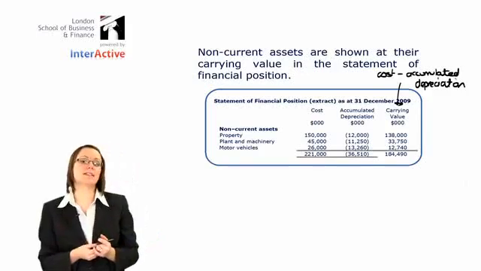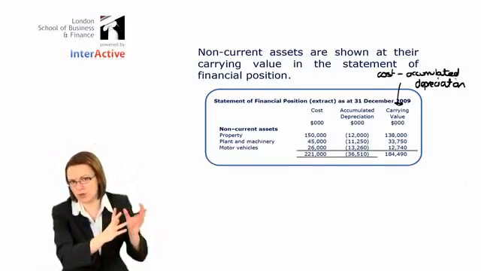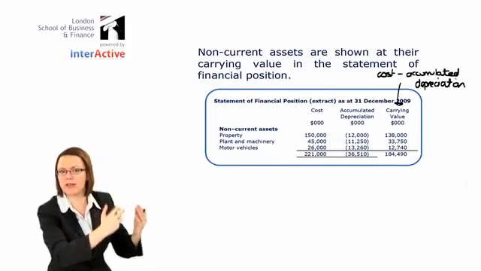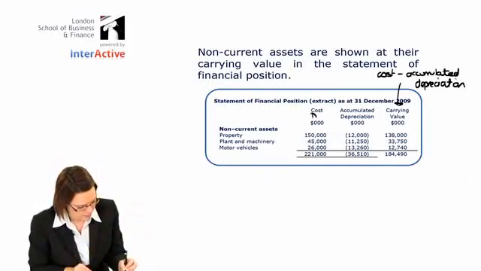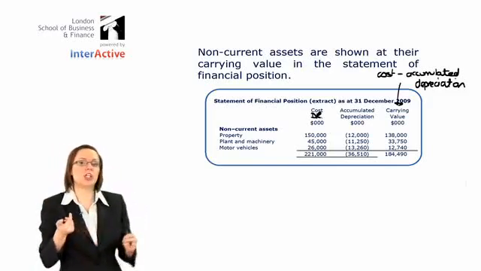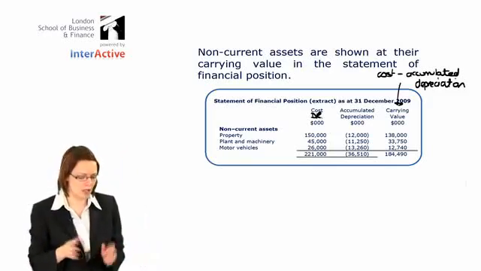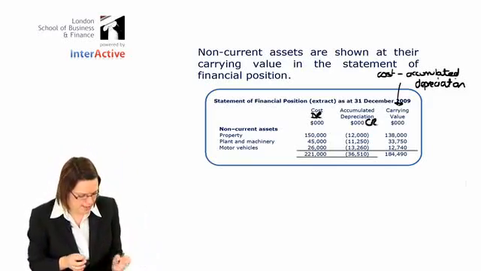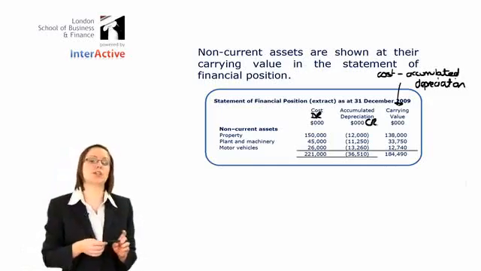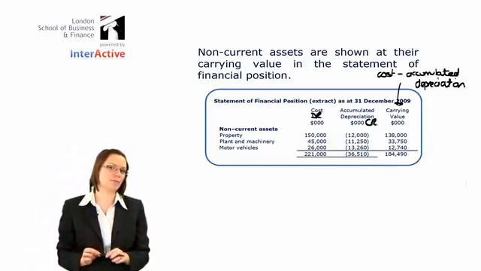Then we have accumulated depreciation. Now remember, the non-current asset cost account is all debit balances because we're increasing that account. We just said that the accumulated depreciation account reduces those asset cost values. So all those credit balances on accumulated depreciation will be minused for each different class of asset.